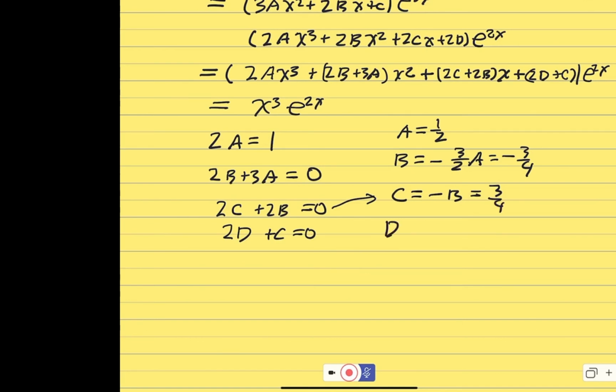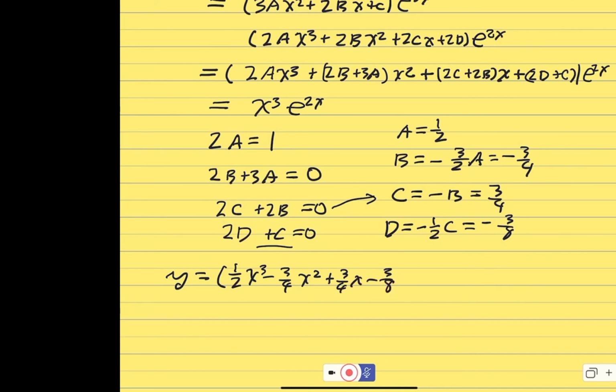And now finally d, from this equation, is going to be minus 1/2 c, and that is what? Minus 3/8. So I get for my solution then, y is 1/2 x cubed minus 3/4 x squared plus 3/4 x minus 3/8, e to the 2x plus a constant of integration.